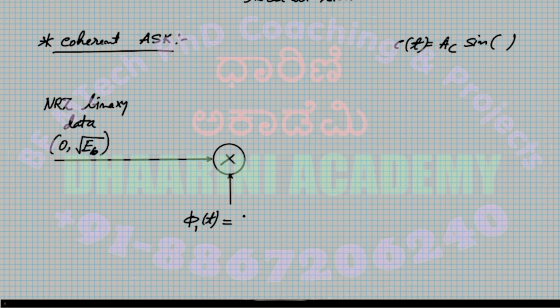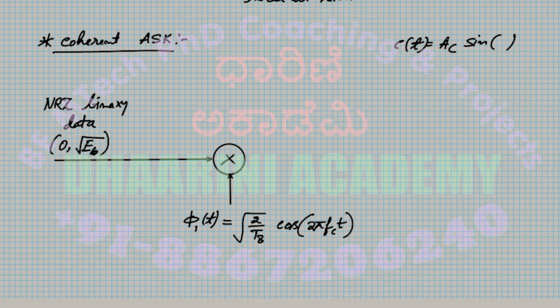So the carrier signal is going to have an amplitude equal to 2 divided by TB, the bit duration used, into cos 2 pi FC t. The sign doesn't matter. Only the amplitude is what we try to write in terms of TB. Anyway, it's going to be a constant ultimately because you selected TB.